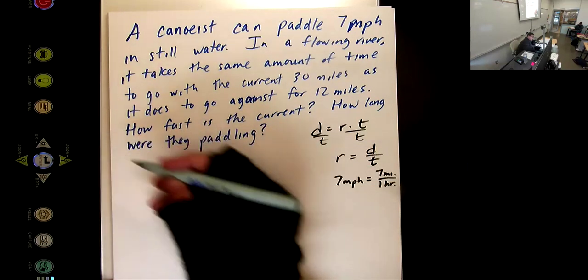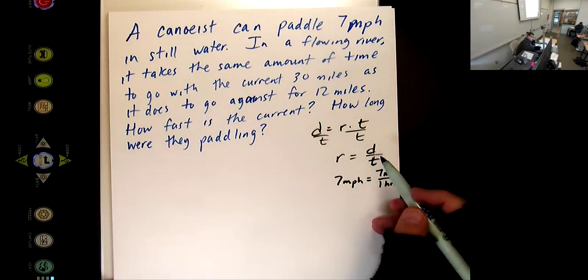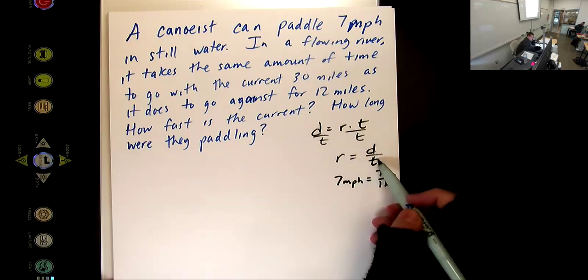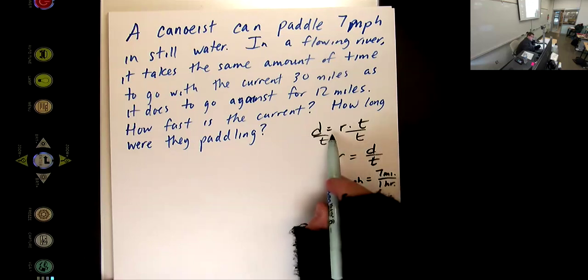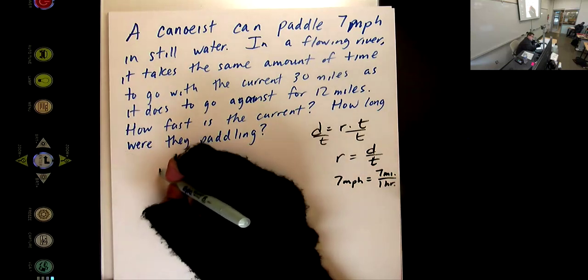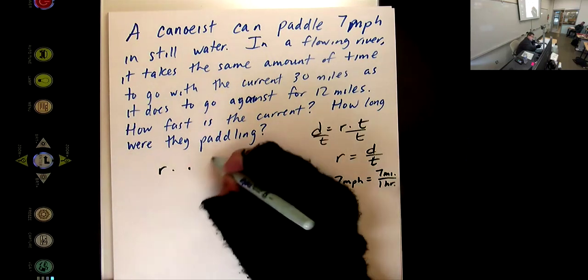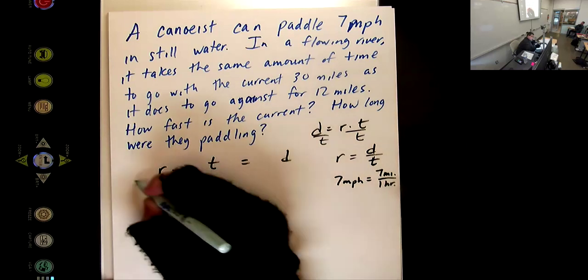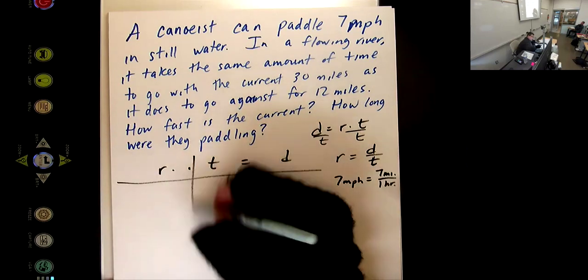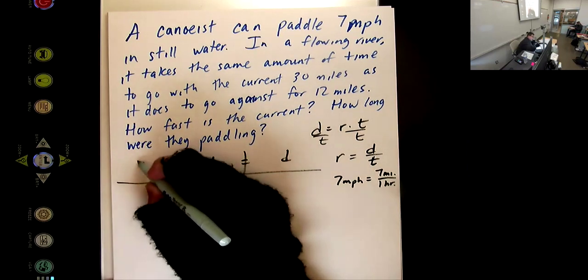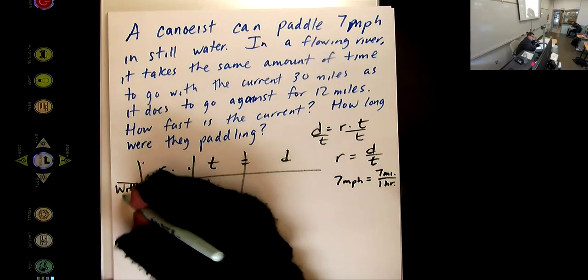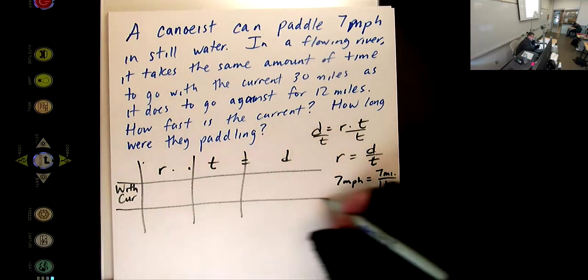Working with r equals d over t isn't helpful though. This one's a little more helpful, so let's look at r times t equals d. We're going to do one with current and one against current.